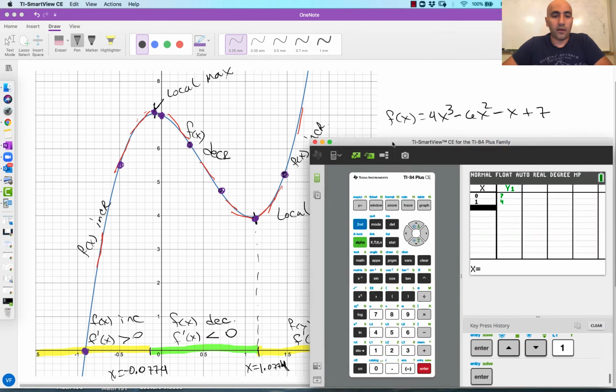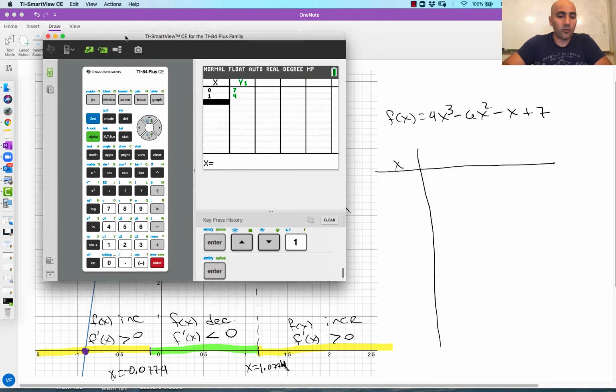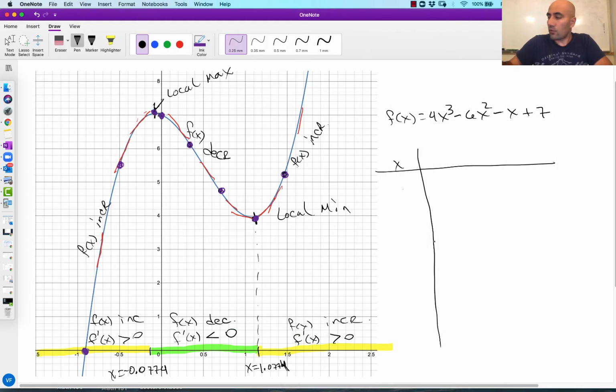Okay, so looking at my domain here, let's pick out some points. Looks like maybe -1 would be a good one. I can confirm that it's down here somewhere. I don't know, how about -0.8 would be a good one.